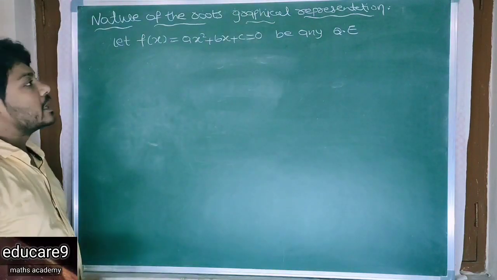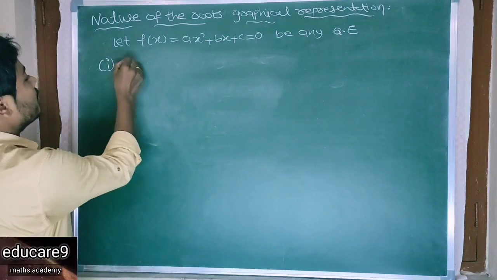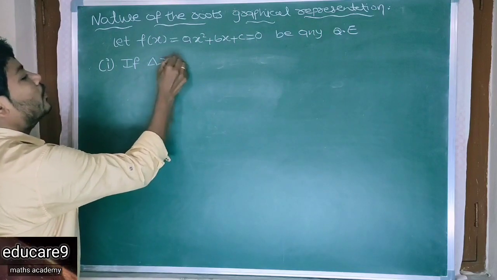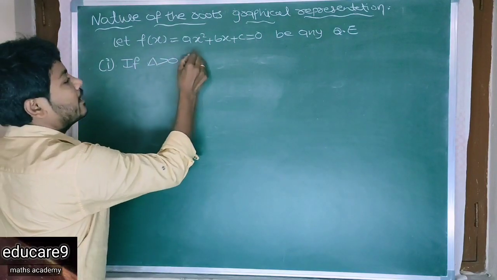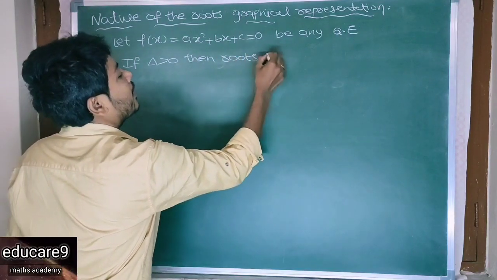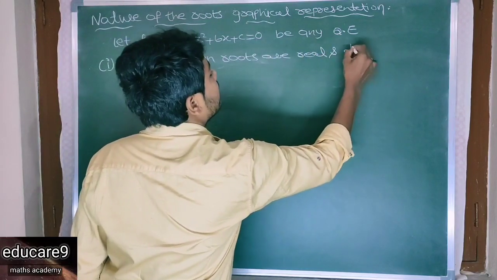So see the first case in the nature of the roots. If delta is greater than 0, then roots are real and distinct.